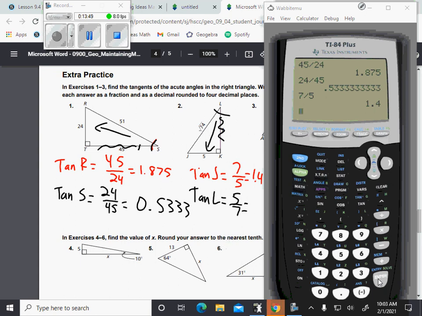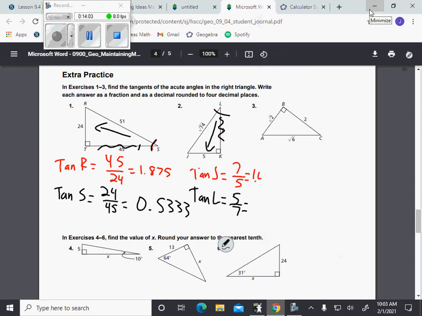That's equal to 0.7143. Yeah, and the other one is 1.4.